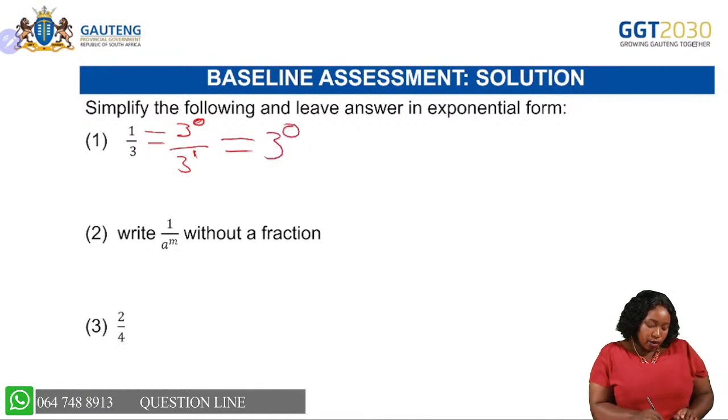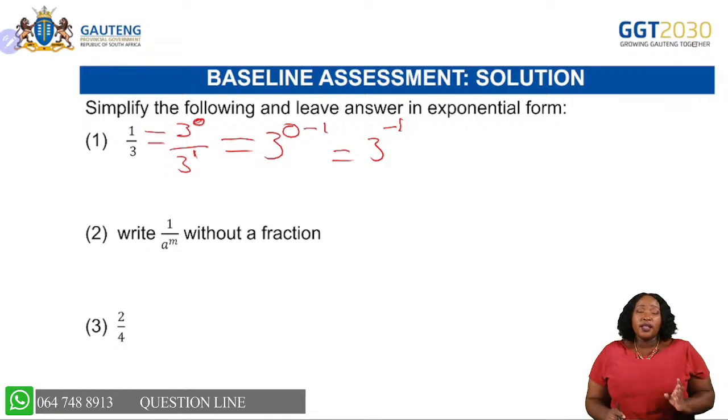We now apply our law for dividing powers with the same base. What do we do? We subtract the exponents. So we say 0 minus 1, and this will give us 3 to the power of negative 1. If you got 3 to the power of negative 1, then you are correct. Well done. That was the first one.